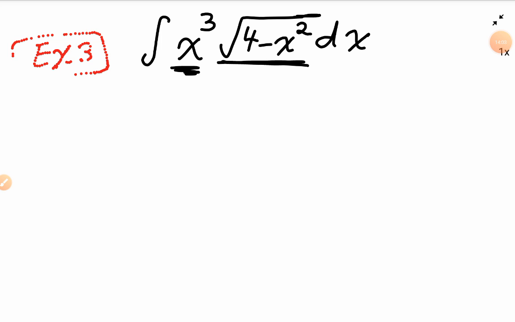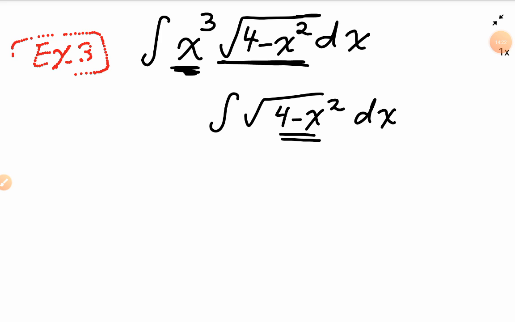But if you think for a while, you will find that to find the integral only of radical 4 minus x squared dx, you should use the substitution way you studied in the beginning of this term. We will let the inner function z, any variable, be 4 minus x squared.